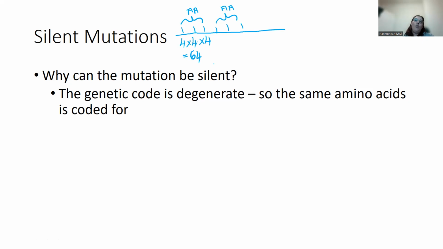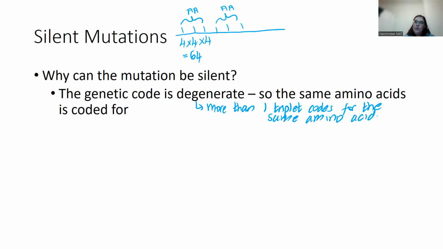So therefore, the code is what we call degenerate. In other words, more than one triplet codes for the same amino acid. So in other words, you might have a mutation, but you're not going to be aware of it because you've got the same amino acid coded for. We all have mutations that we are not even aware of. So that's the first reason.